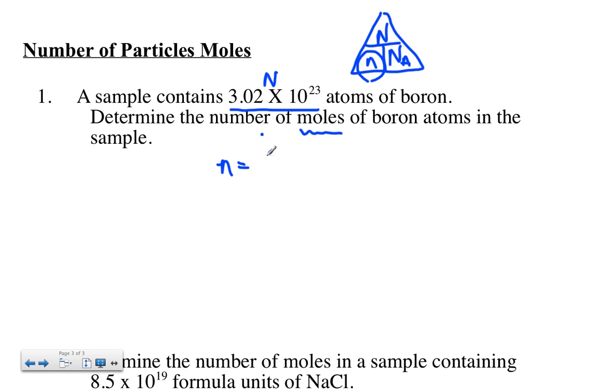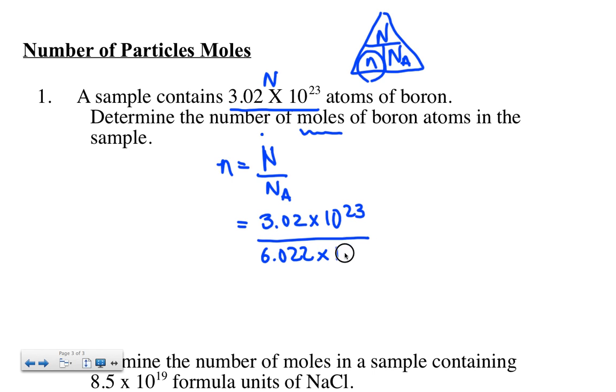So n is equal to big N divided by Avogadro's number. We have 3.02 times 10 to the 23 divided by 6.022 times 10 to the 23. You can see with this number, we should be expecting somewhere around 0.5.